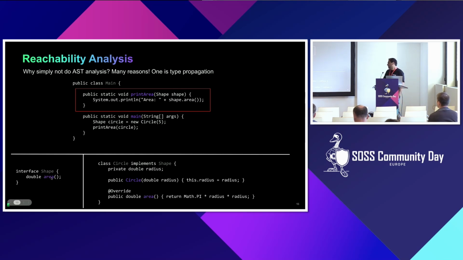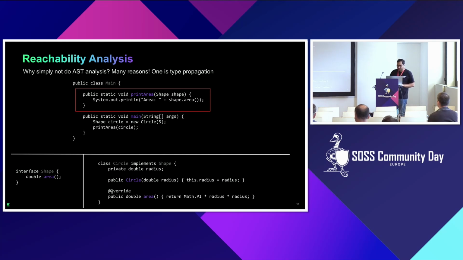If we just do a simple AST approach, we will say that this shape.area is most likely a shape object. But we can see that what is being provided is a circle, and not exactly a shape. So we need to know what the different implementations are.